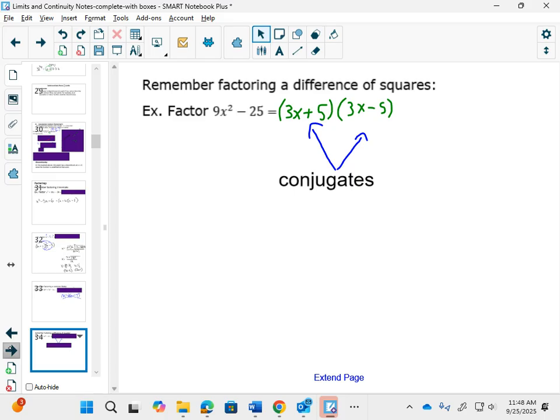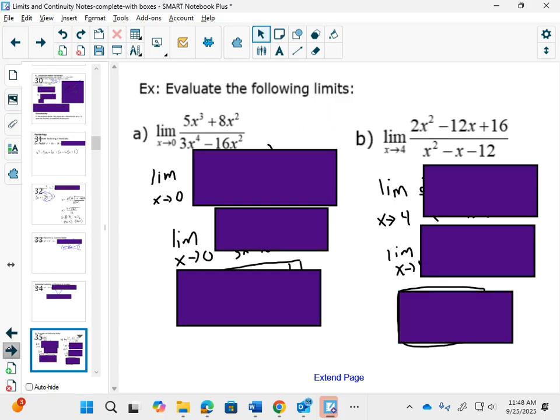Remembering that name can be helpful because one of the strategies we're going to use in finding limits is, hey, you should multiply by the conjugate. And if you're like, what's a conjugate? Then you're not going to remember the strategy. So, if we have those strategies for factoring, we can now evaluate the following limits.